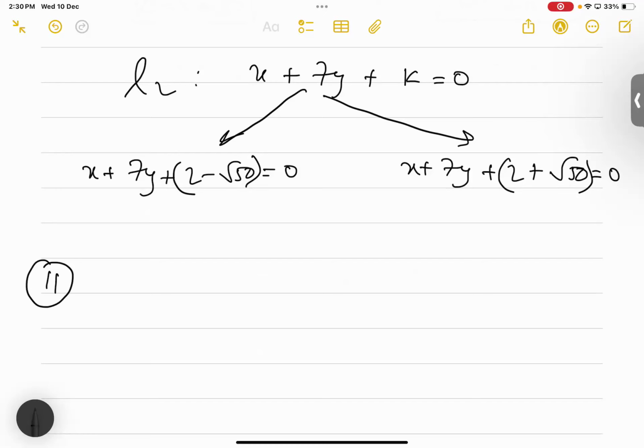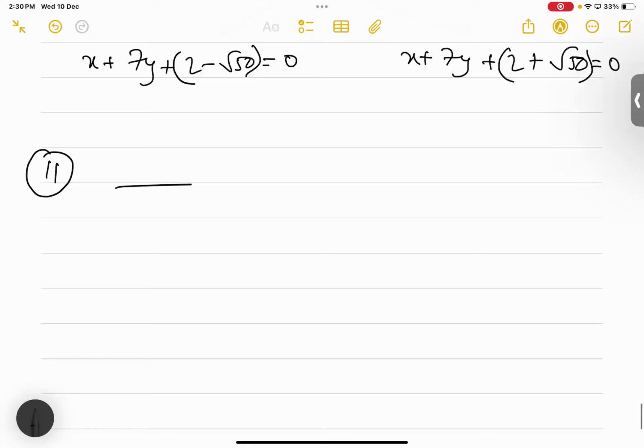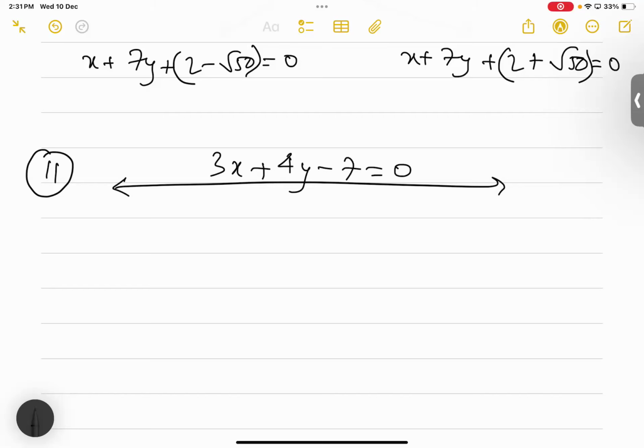Find the equations of the straight lines which are perpendicular to the line and at a distance of 3 units from 2 comma 3. Okay. Now this is a line which is 3x plus 4y minus 7 is equal to 0.